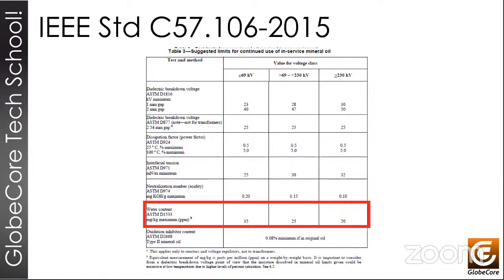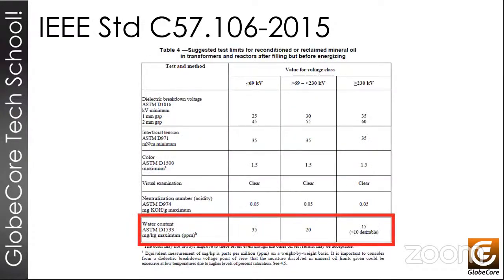So for transformers that are in continuous use, the values differ from the previous table. We'll see that there are 35 ppm values for a 69 kilovolt transformer versus 25 for 69 to 230 kilovolt transformers, and 20 ppm for transformers over 230 kilovolt. So in this case, the suggested values are presented for reconditioned or reclaimed mineral oil in transformers.